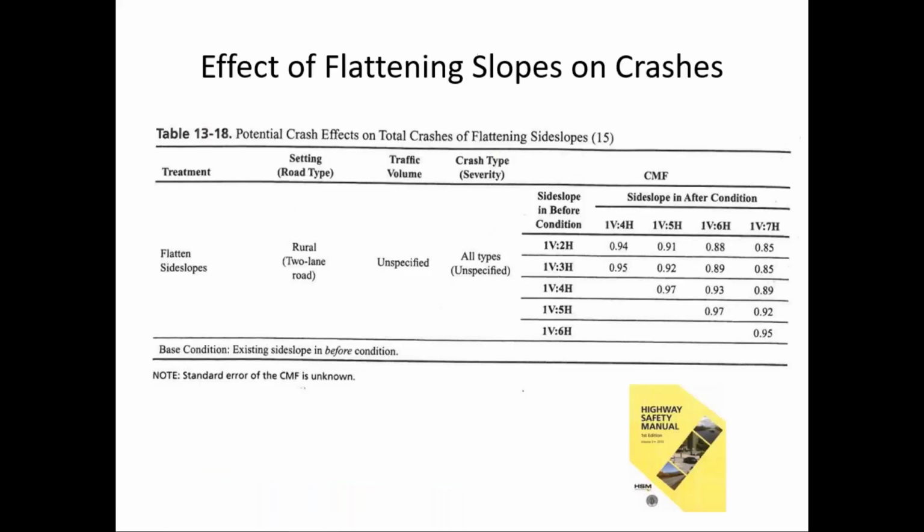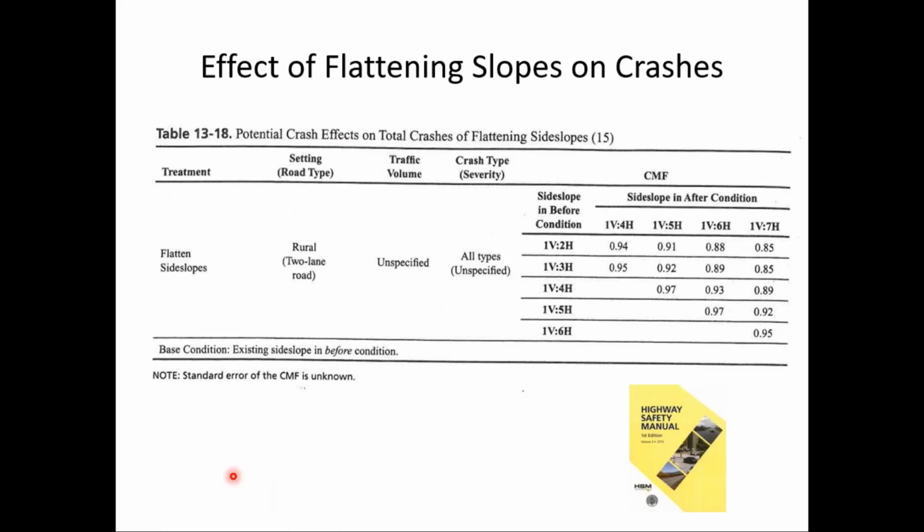There are CMF values for different slope conditions. Of course, flattening slopes like this is not, in my opinion, a low-cost countermeasure. It probably often involves significant earthwork, earth moving, so this is not a low-cost countermeasure, but certainly it has and can have a positive effect on safety.